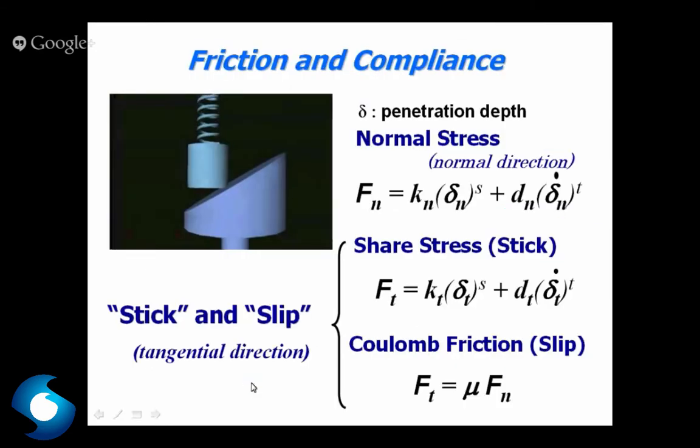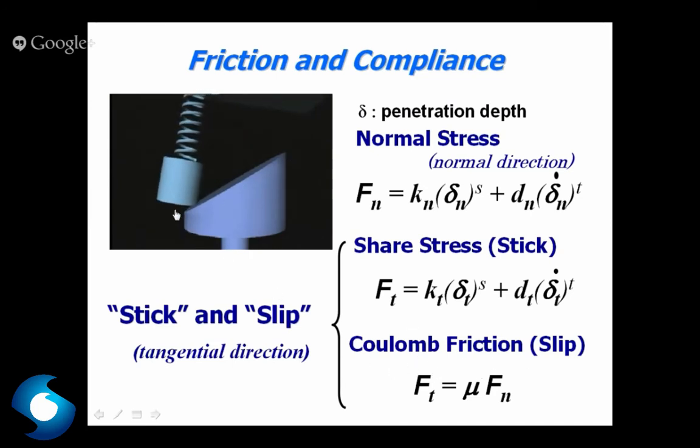Then, for example, we need to discuss the normal direction and tangential direction. In this particular case, we just assume the linear spring and dashpot type of equation. But for the tangential motion, we also assume the Coulomb friction.